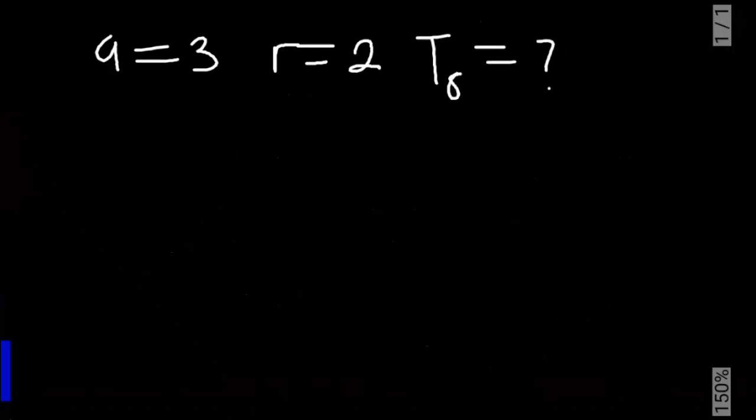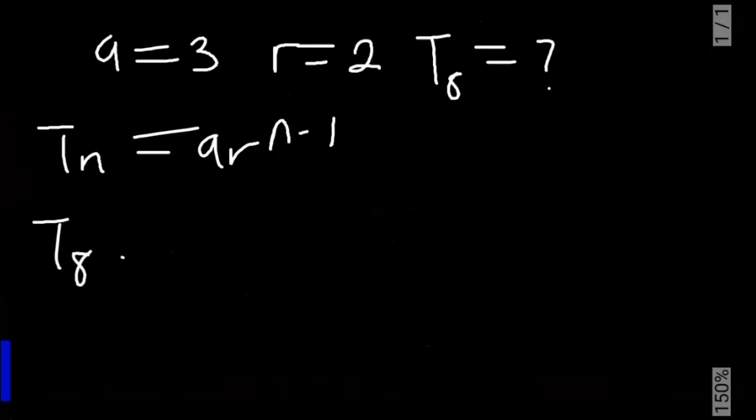According to the formula, to get the nth term, we have Ar to the power of n minus 1. So the first term is 3, multiplied by r, which is 2, raised to the power of n minus 1, that is 8 minus 1, which is 7.